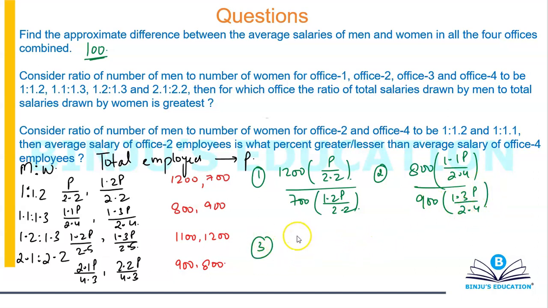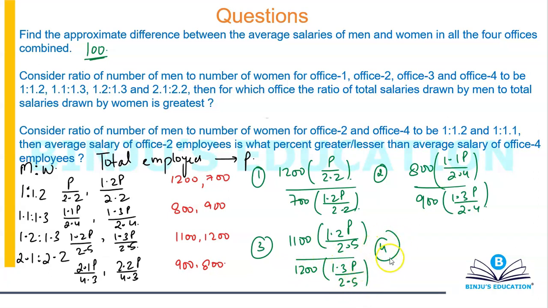For the third one, it's going to be 1100 into 1.2 P by 2.5, divided by 1200 into 1.3 P divided by 2.5. And for the fourth one, it's going to be 900 into 2.1 P divided by 4.3, divided by 800 into 2.2 P divided by 4.3. Now you just need to solve this, nothing else is there.